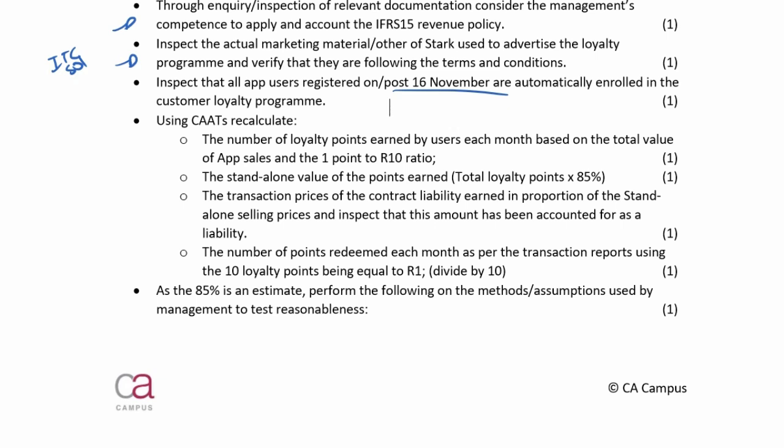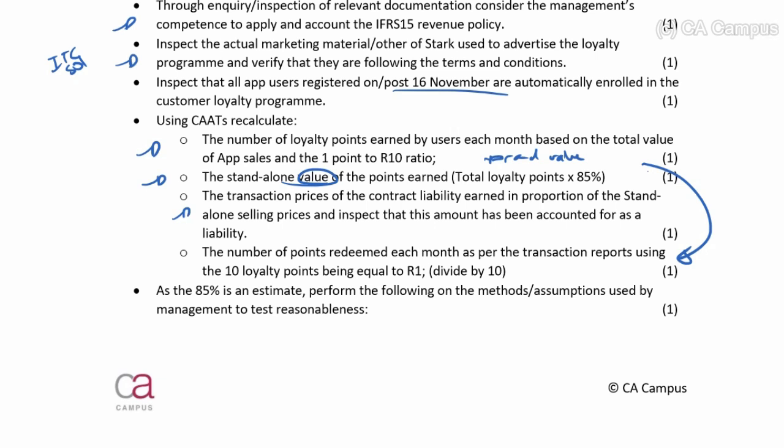Recalculate, first of all, the number of points that are earned, the standalone value of the points earned, which you would need to first calculate the total points, rand value. Okay, which I don't see them doing. Down here they've done it. So once you've done that, then you can calculate the standalone value, your transaction price.